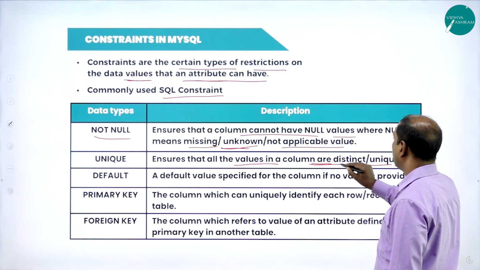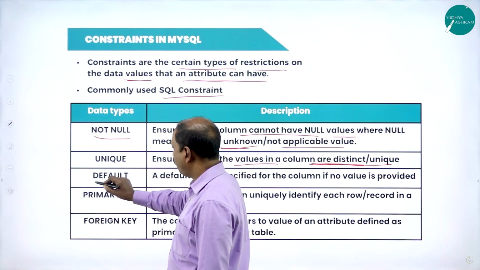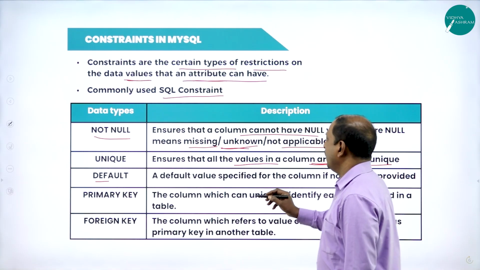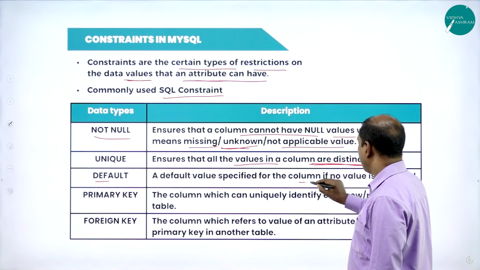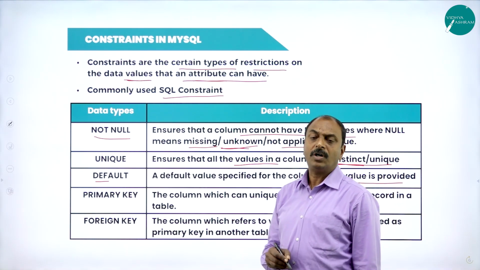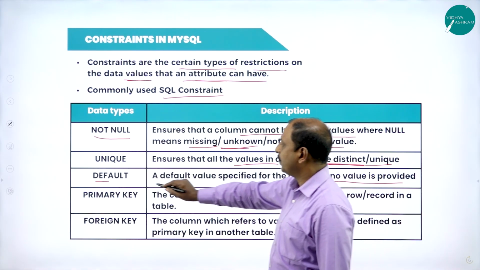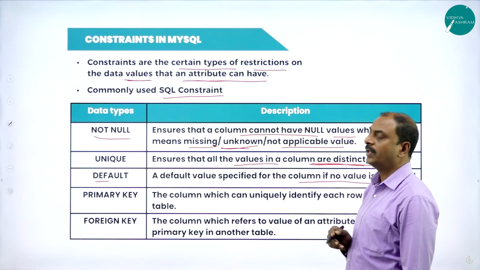All the values are distinct. Next one is DEFAULT, a constraint specified for a column if no value is provided. So if any value is not provided, the default constraint can be used for this type of data.